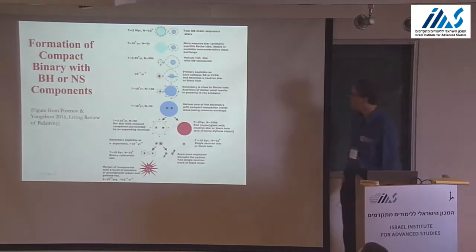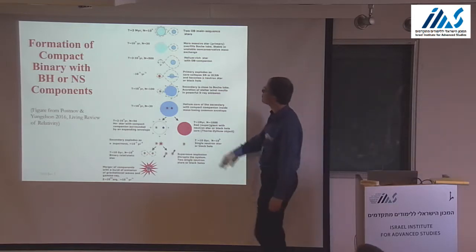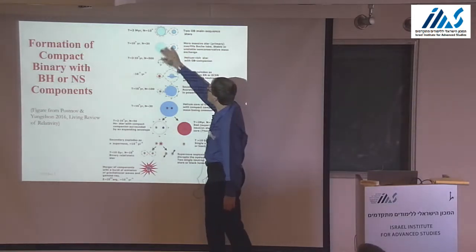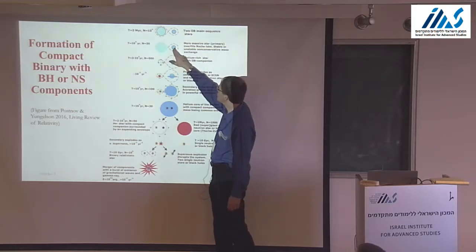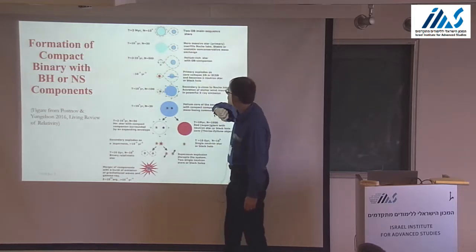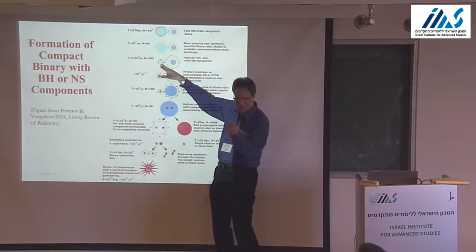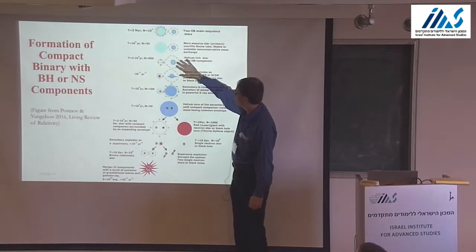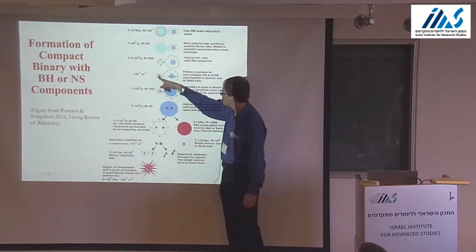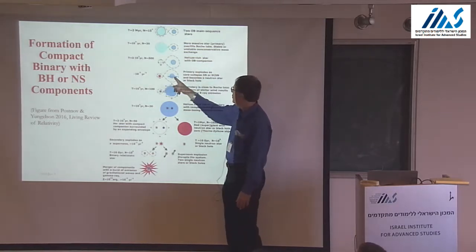So for all of the standard scenarios, you start with two massive stars, say an O star and a B star. The more massive one fills its Roche lobe, transfers some mass to this one, and leaves one of these nice compact helium cores in a now somewhat heavier hydrogen-dominated star. This little core goes supernova.